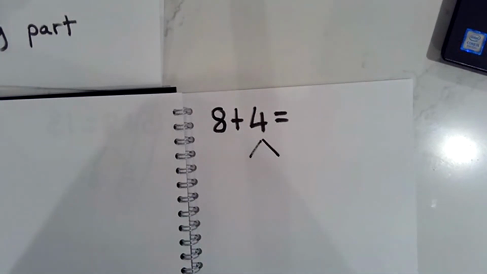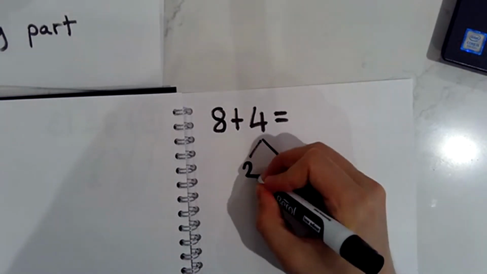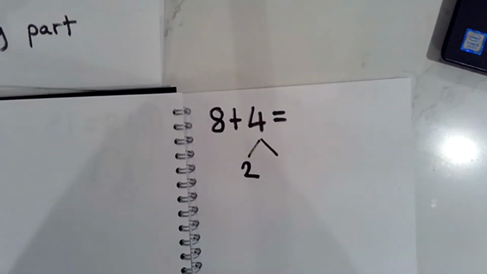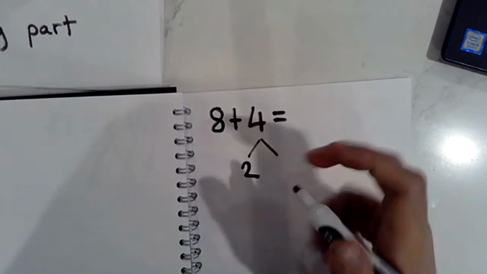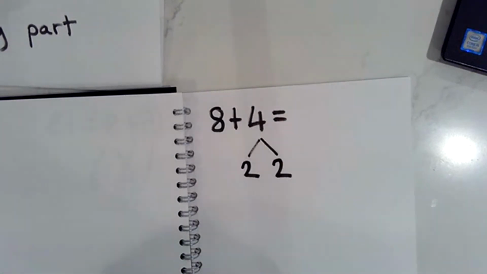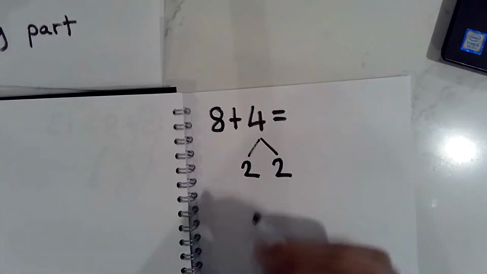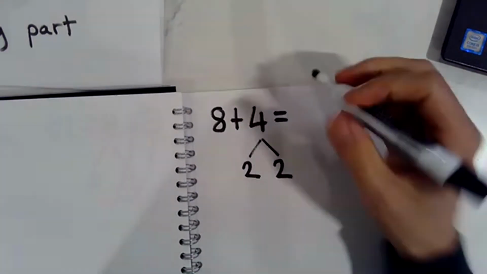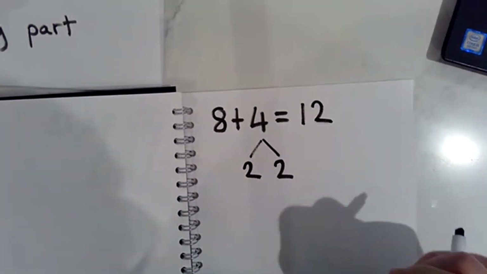What do I need to add to 8 to make 10? Well, I know 8 add 2 equals 10. So if I partition 2 out of 4, how many do I still have? Well, I still have 2 because 2 add 2 equals 4. Now I've made 10. 8 add 2 equals 10. 10 add 2 equals 12.